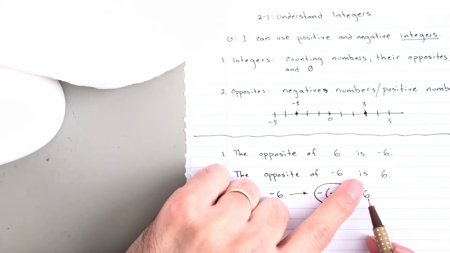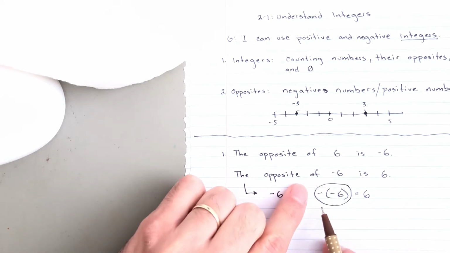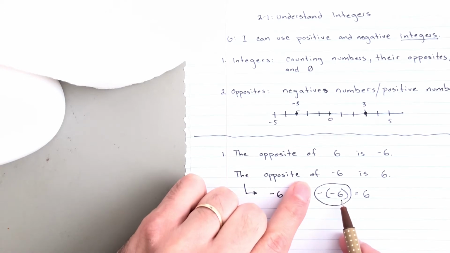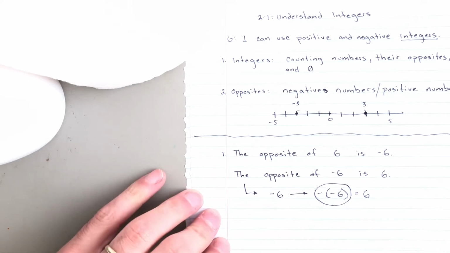Or another way, like an equivalent, we talk about equivalent ratios or equivalent fractions. Another way to write a positive integer is to put a number with a negative in front of it, in parentheses, and then another negative in front of it. That means +6. Okay, so I'm going to do it again.